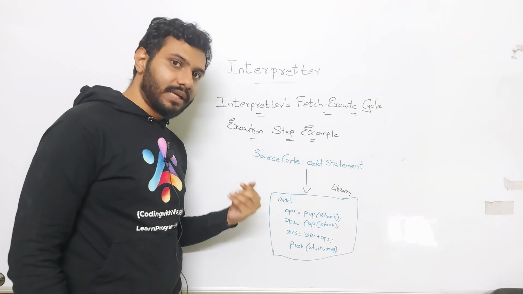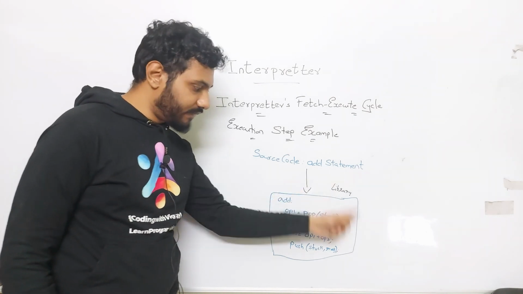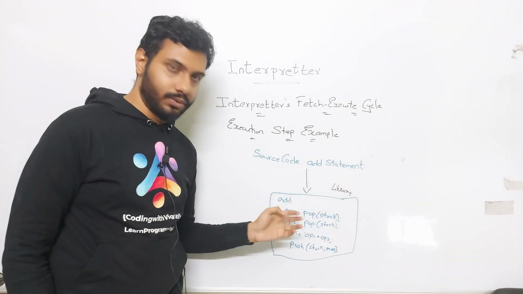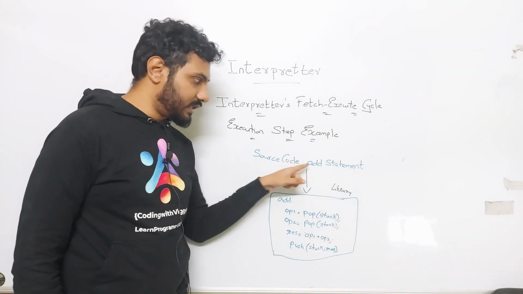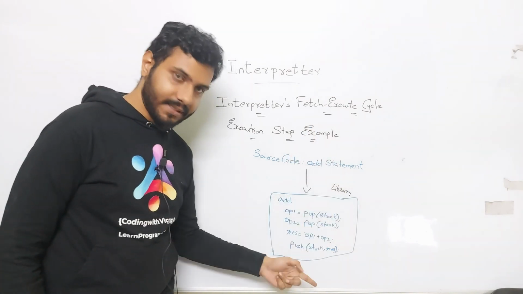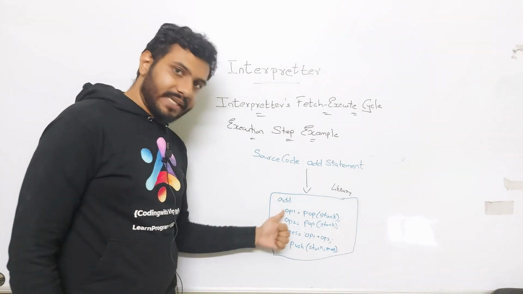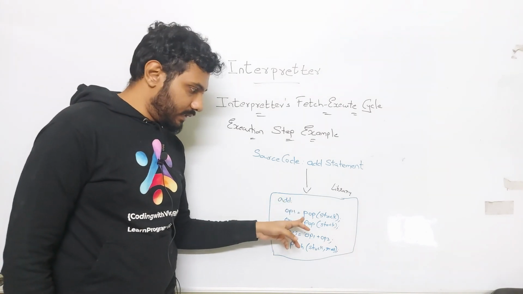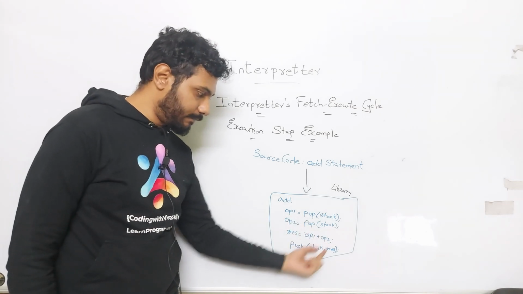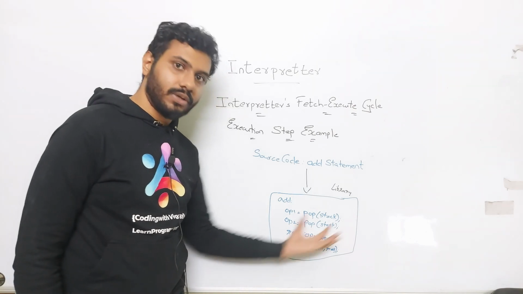The interpreter indirectly fetches the machine code from its library, the pre-compiled machine code. You can say the interpreter will fetch the add statement's pre-compiled machine code from its library. It will take 2 operands from the memory, put them in the stack, and then the result is fetched from here and pushed into the memory.